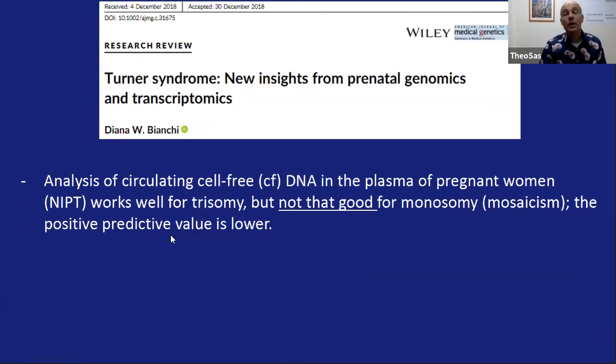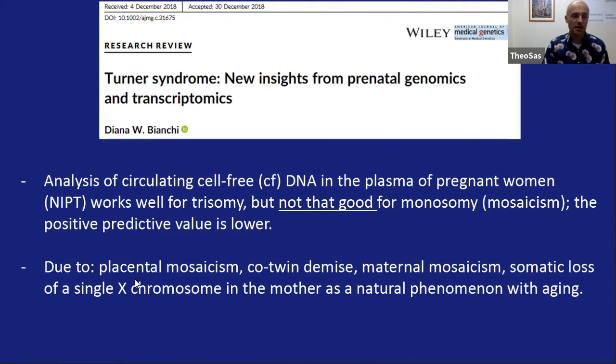There is a new way to look for, at least for trisomy, and that's the NIPT test. I think most people know that. It's searching for circulating cell-free DNA in pregnant women. And it's working with trisomy, but it's important to know that it's not good for monosomy. And there are a lot of factors, and I'm not the expert of it, which influence this test for monosomy.